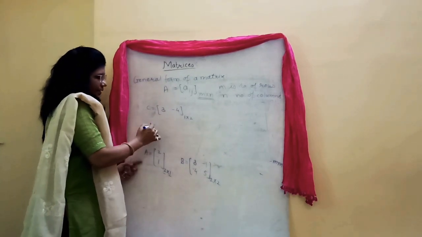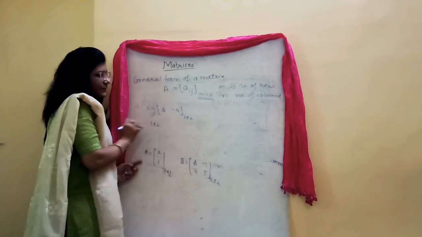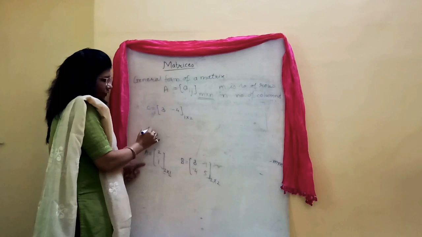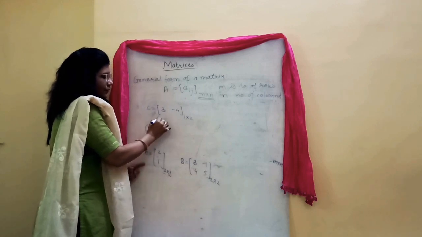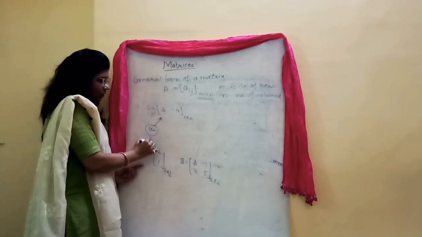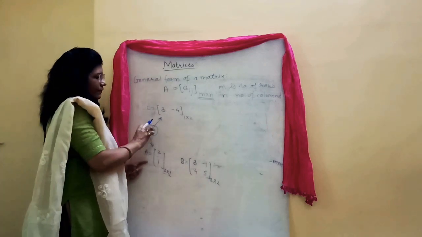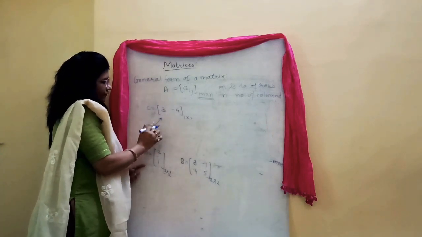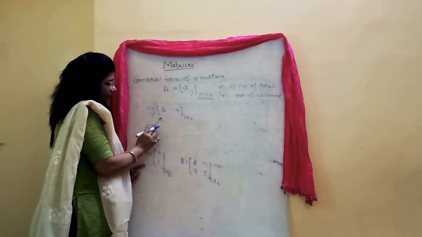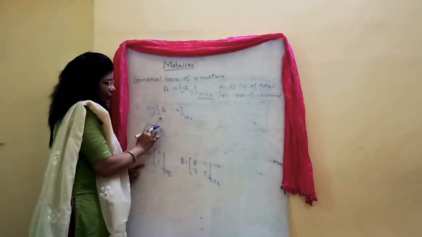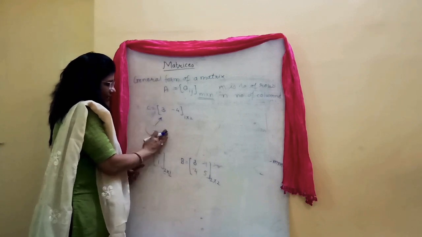So if the order of a matrix is 1 by 2, you can form a matrix like this, or you can form a matrix like this also.